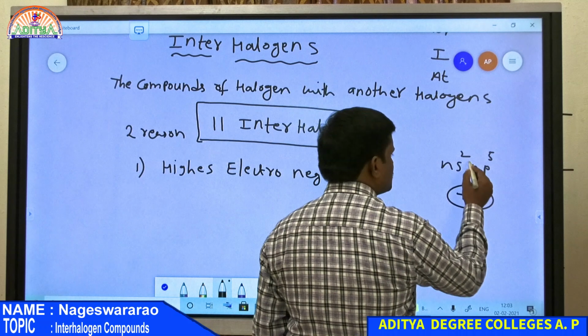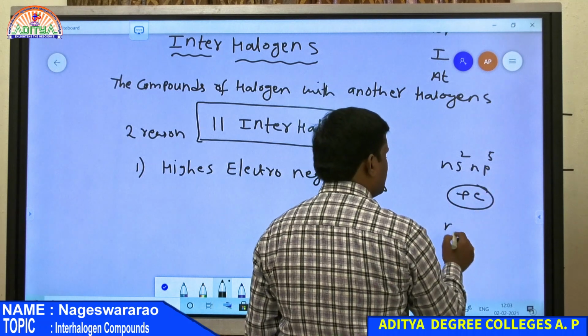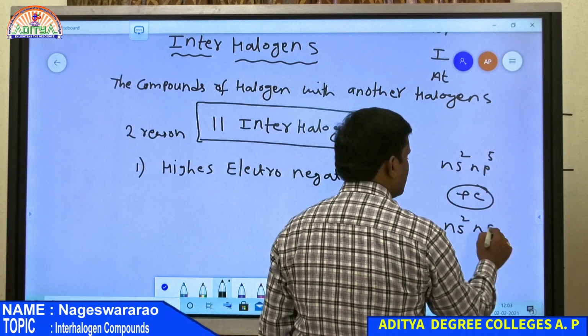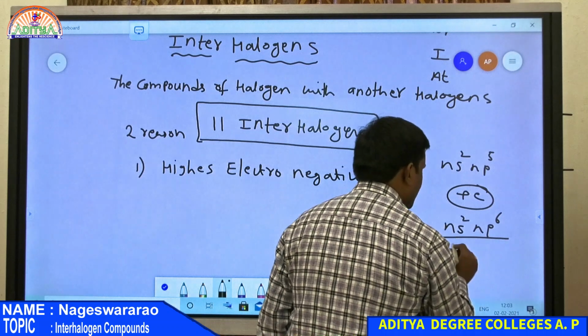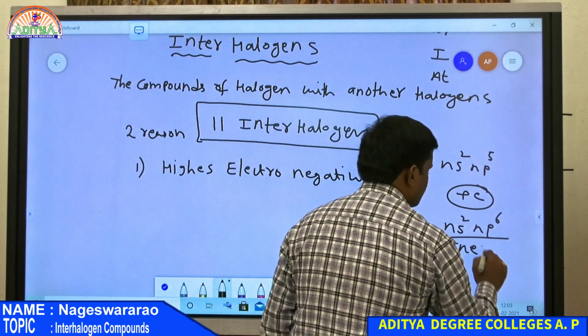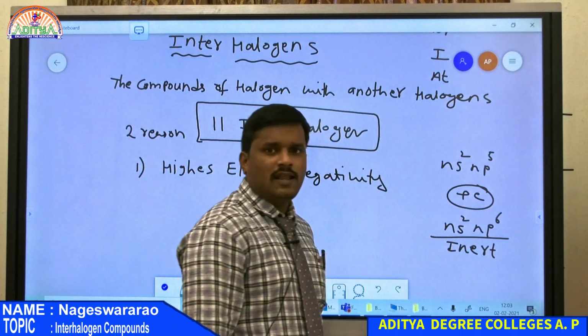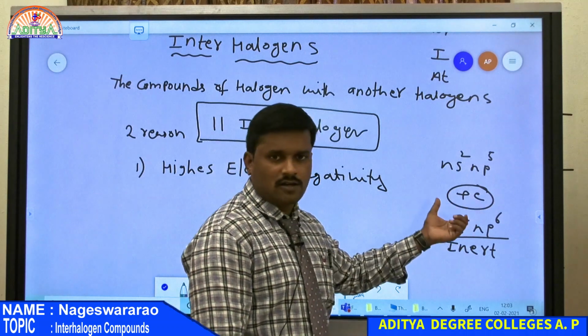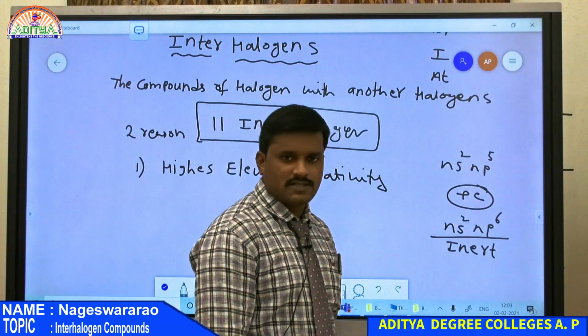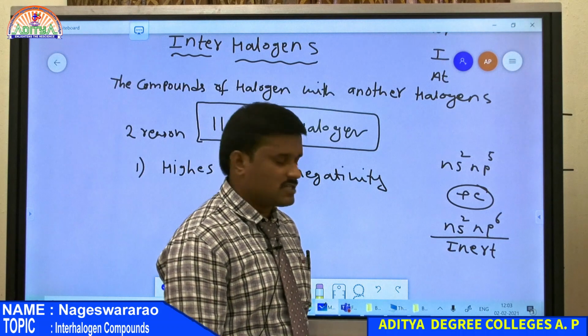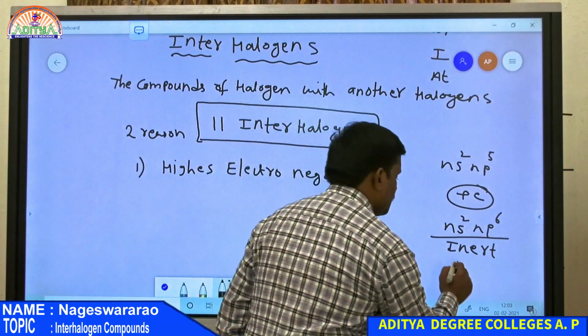Whenever a halogen gains 1 electron, it becomes ns2 np6 configuration, that is a stable inert gas configuration. When a halogen attracts 1 electron, it becomes a noble gas configuration. So these are more stable.